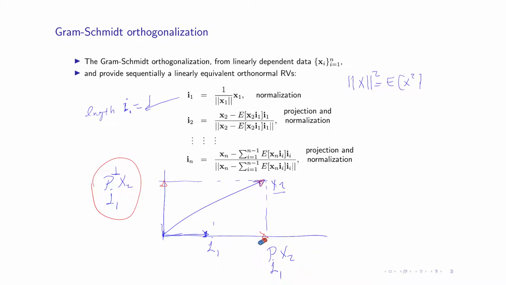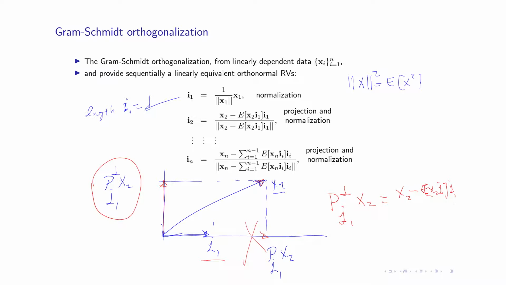Because I already have I1, I ignore this one and I consider the orthogonal one. This orthogonal projection of x2 with respect to I1 is equal to x2 minus the expected value of x2 I1 times I1.